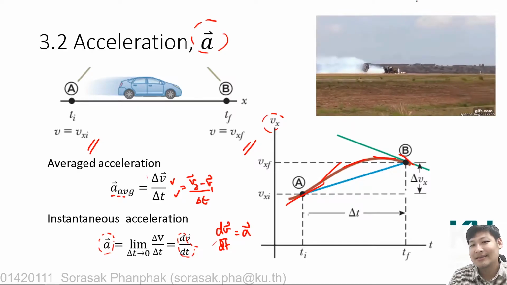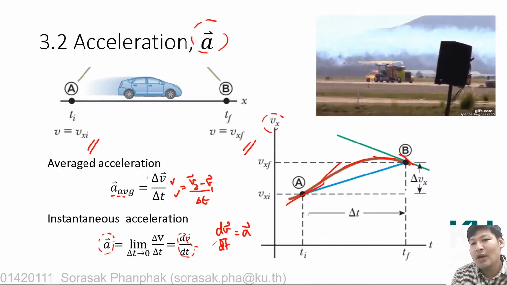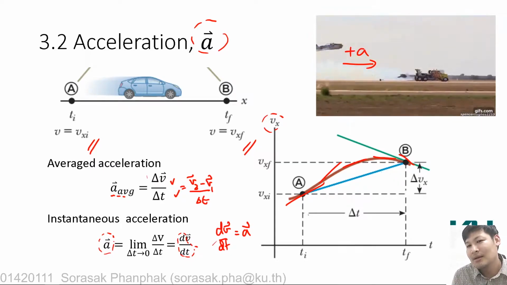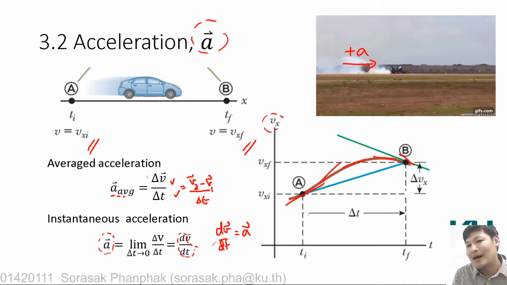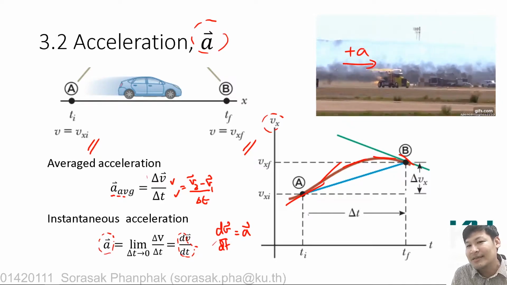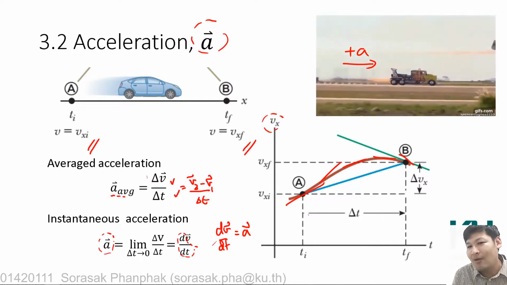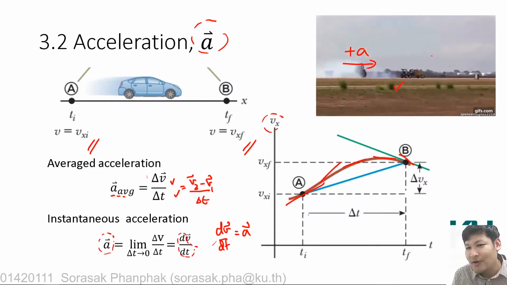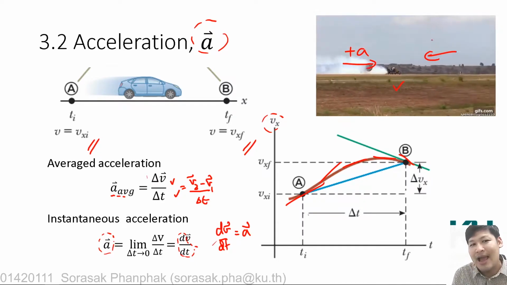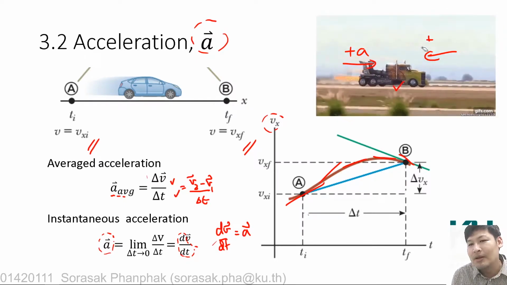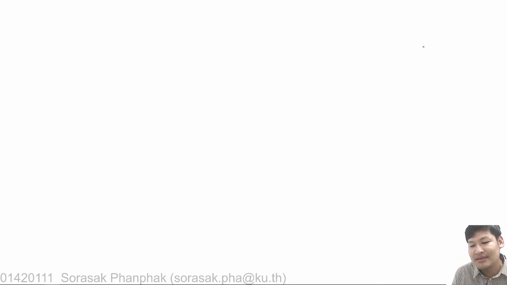So you can see the acceleration not only increases to accelerate this truck to surpass that airplane, but it also decelerates. You can see the parachute come out of this truck for deceleration.